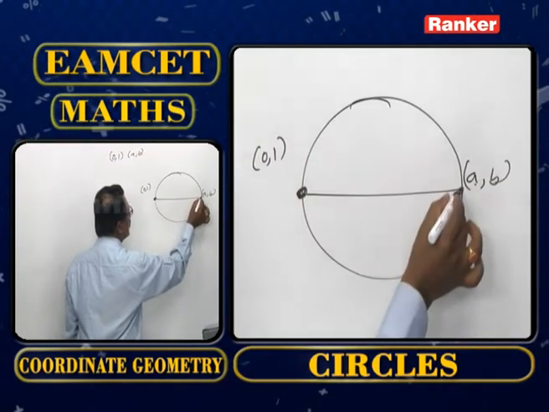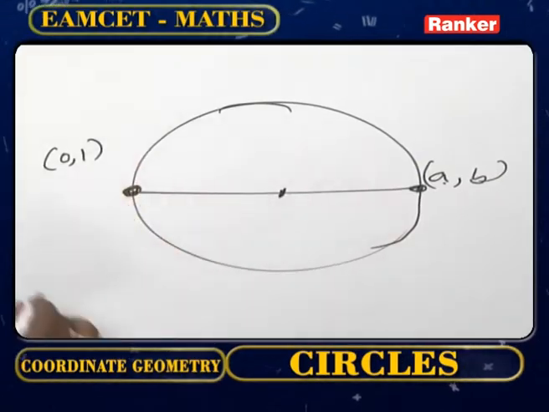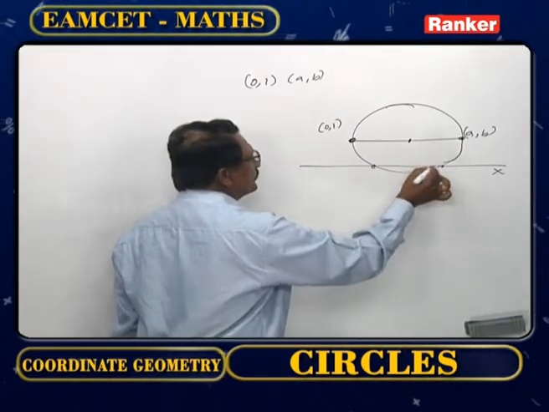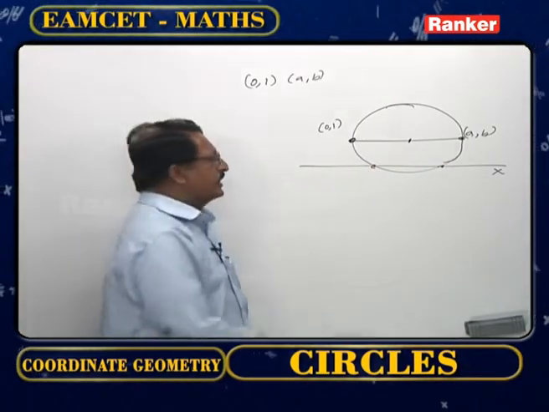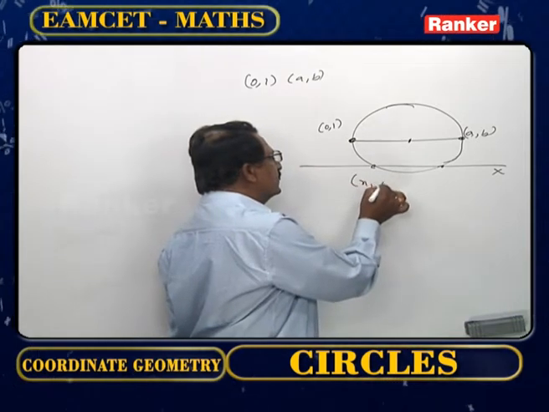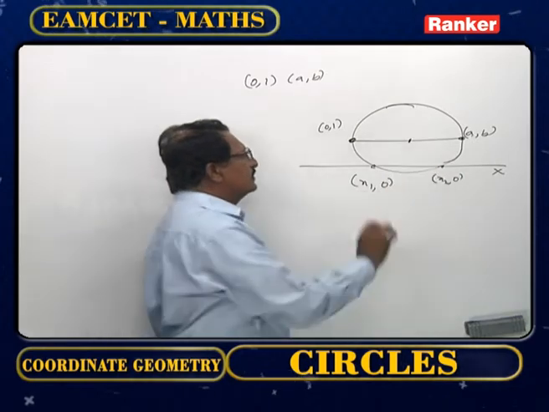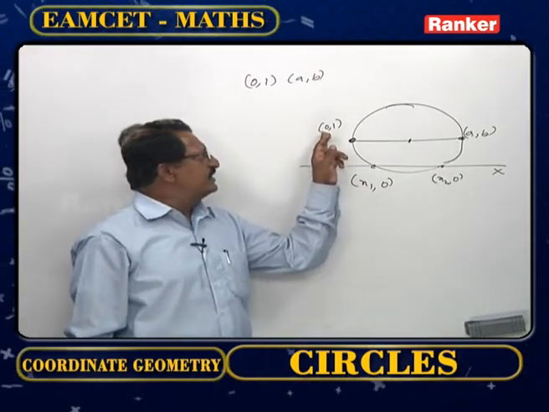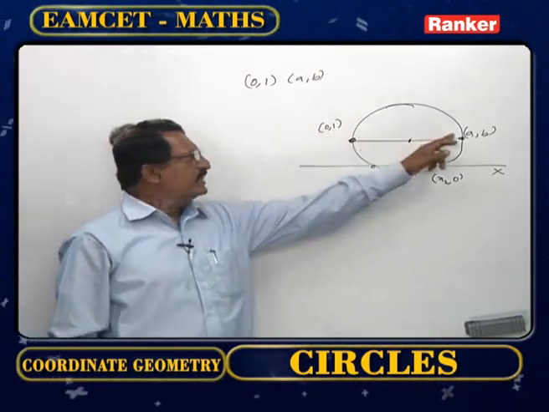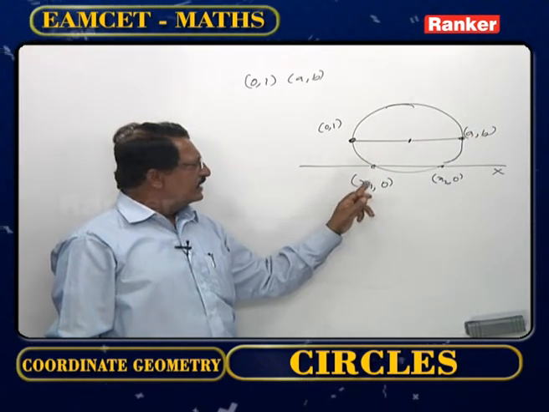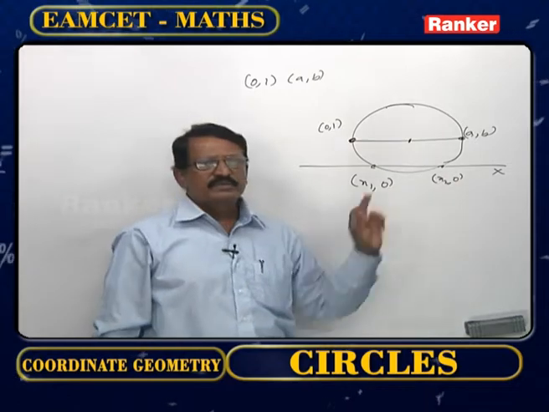That circle intersects the x-axis at two points. Suppose at (x1, 0), (x2, 0), the circle whose extremities of diameter (0, 1), (a, b) intersects the x-axis at two points. Consider (x1, 0), (x2, 0).